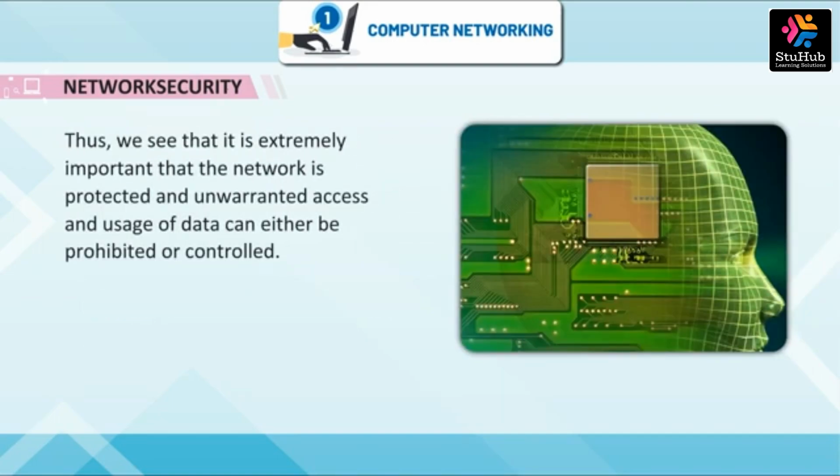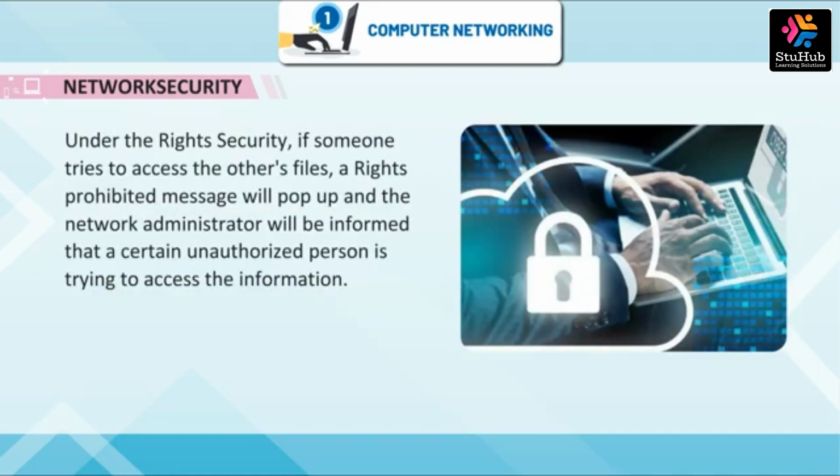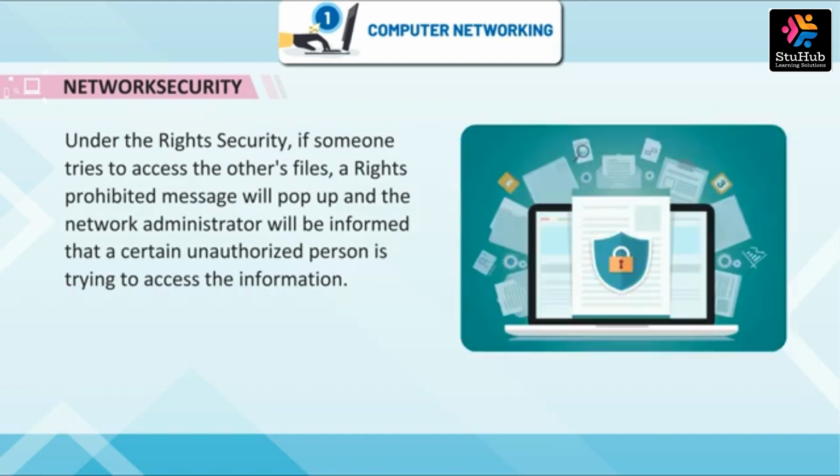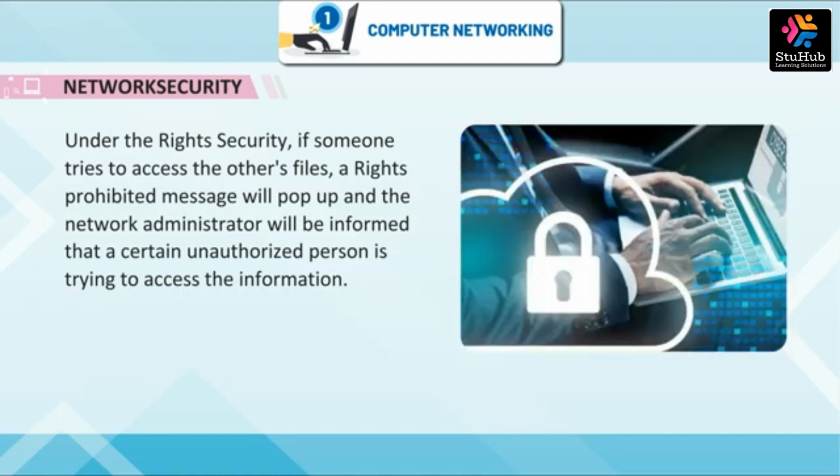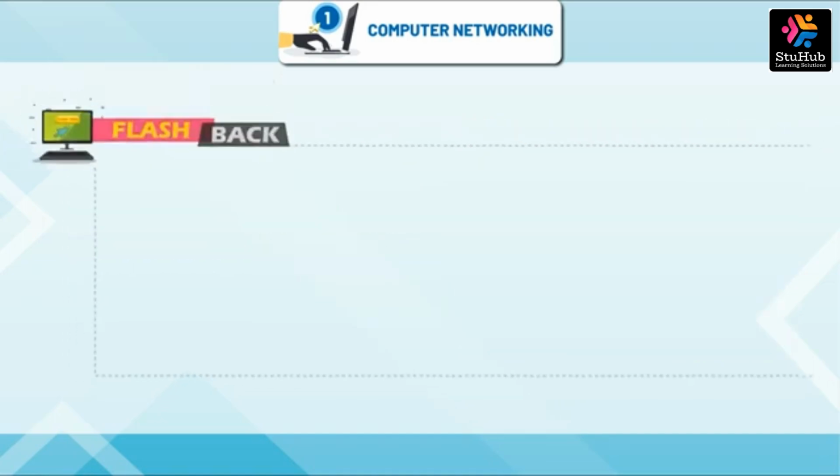Thus, we see that it is extremely important that the network is protected and unwarranted access and usage of data can either be prohibited or controlled. Under rights security, if someone tries to access another's files, a rights prohibited message will pop up and the network administrator will be informed that a certain unauthorized person is trying to access the information.